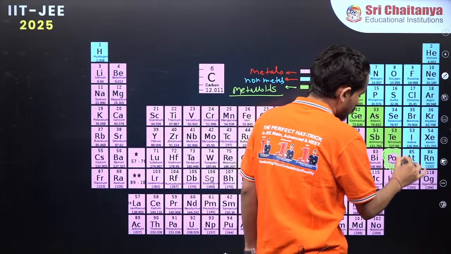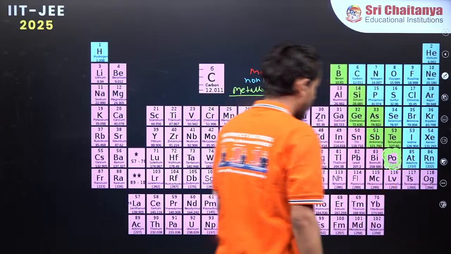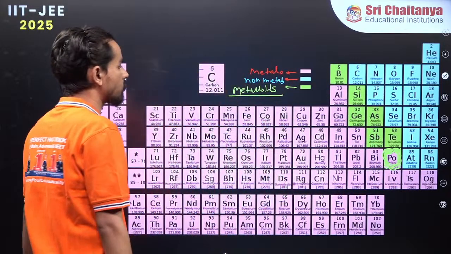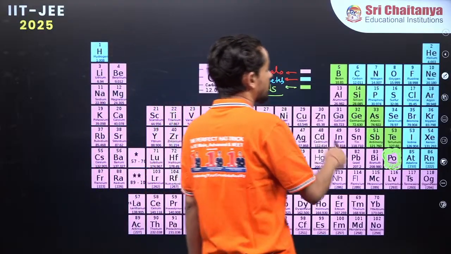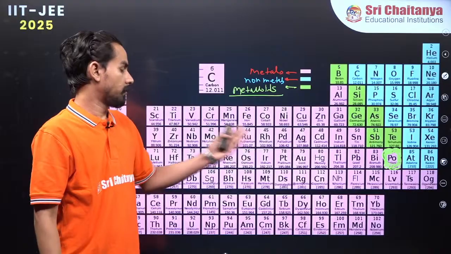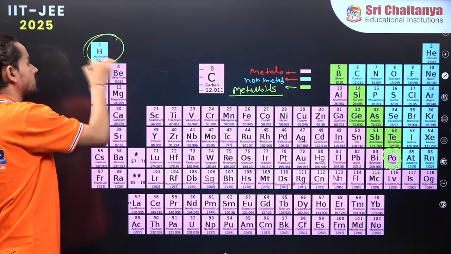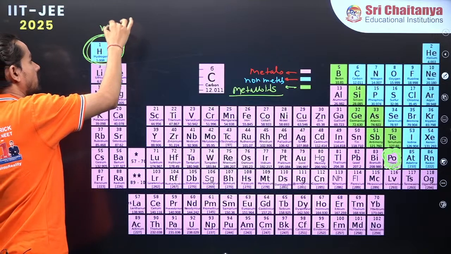So now those who are asking percentage, please calculate the percentage. You get to know 118 elements are there. Out of these, how much? 78% is metal. 1, 2, 3, 4, 5, 6, 7 are metalloids, and the others are non-metals. And one more thing, see here, this is also non-metal.